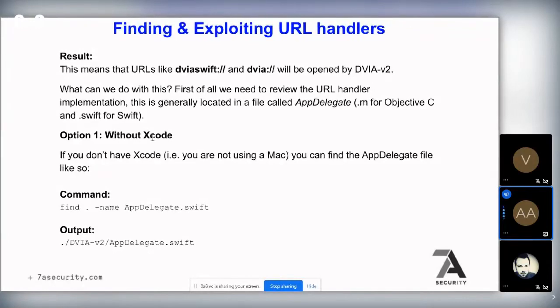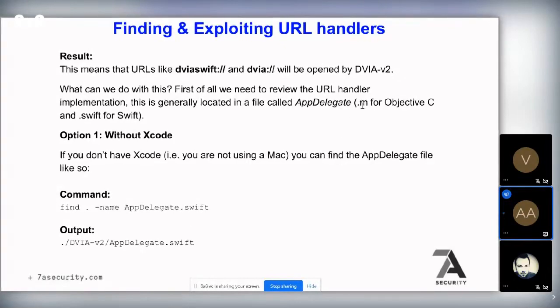So if you don't have Xcode, the file to look for is appdelegate.swift. Now, most of the time, iOS applications are written in Swift. Before, they used to be written in Objective-C. So if the application you're testing is written for some reason in Objective-C, then instead of .swift, it will be .m.